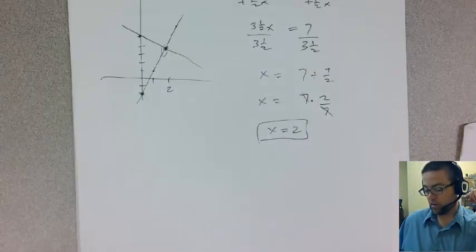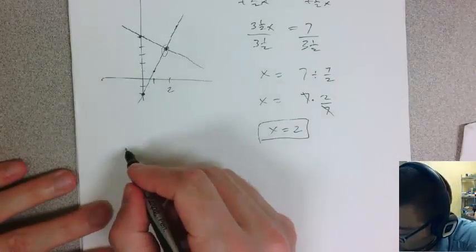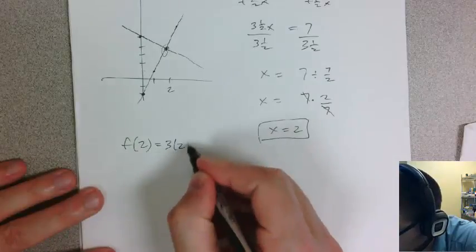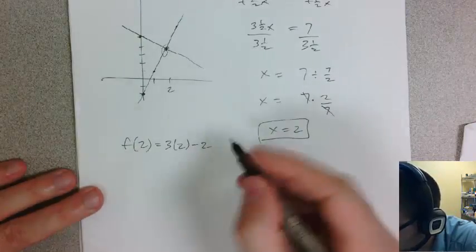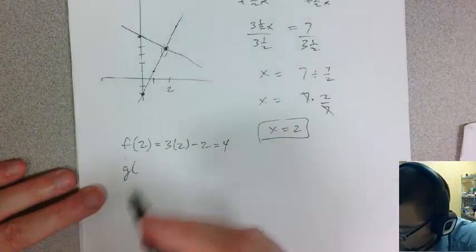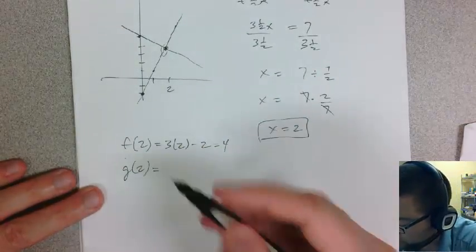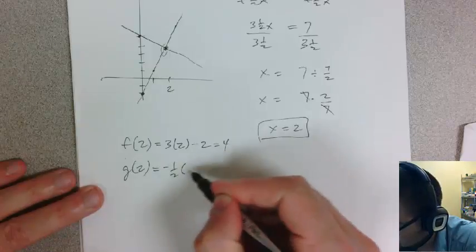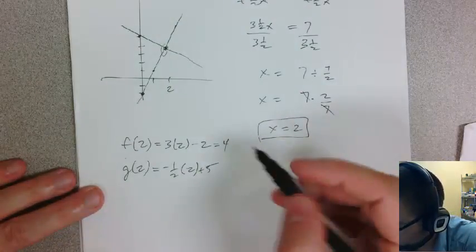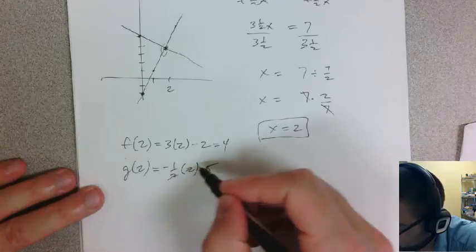So what is the function value when x is equal to 2? So f of 2 would be 3 times 2 minus 2, which is 6 minus 2, or 4. And let's just check to make sure that g of 2 is also 4. So negative 1/2 times 2 plus 5. So 2 divided by 2 is 1.